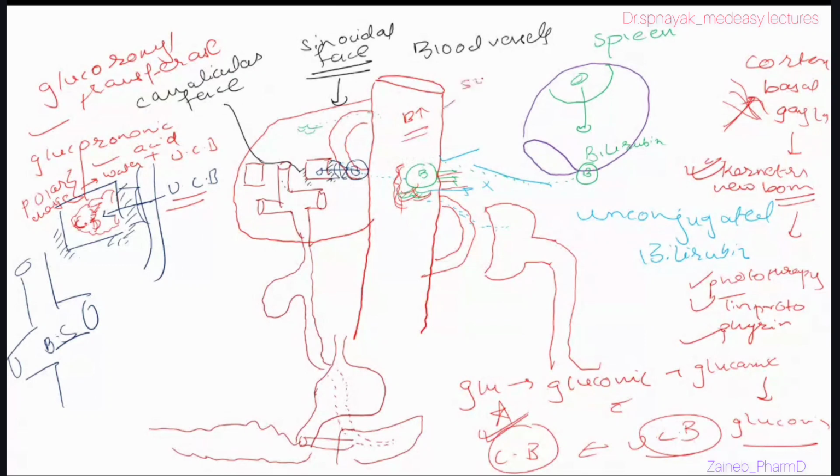These drugs are sulfonamides. The sulfonamides, which are mainly used in newborns for the treatment of meningitis, should be used with caution. Why? Because they displace the bilirubin from this protein and increase the free bilirubin levels, and it may cross the blood-brain barrier and increases the risk of kernicterus.